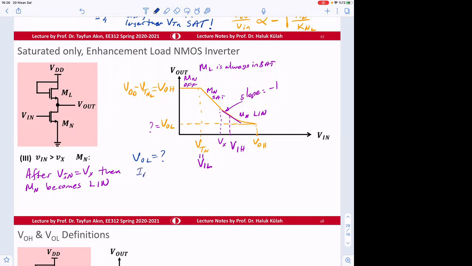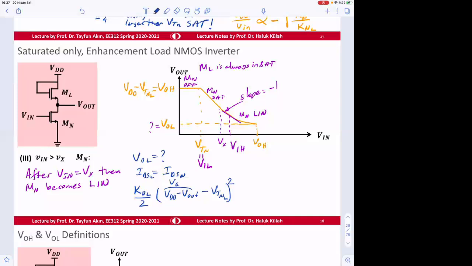You know that IDS of L is equal to IDS of N. Since ML is always in saturation, IDS of L is Kn of L divided by 2 times (VDD minus Vout minus V threshold of N of L) squared.